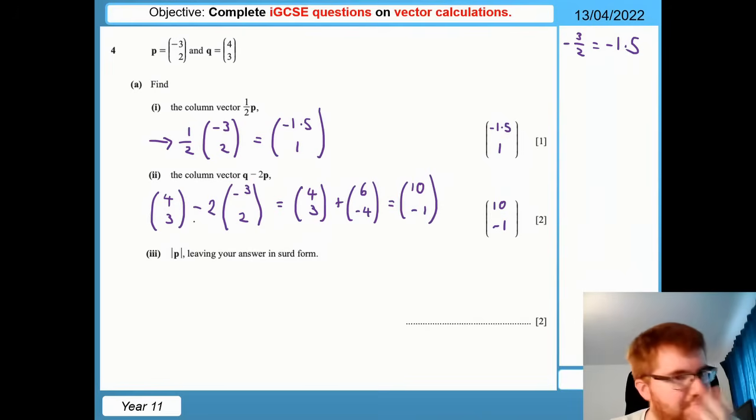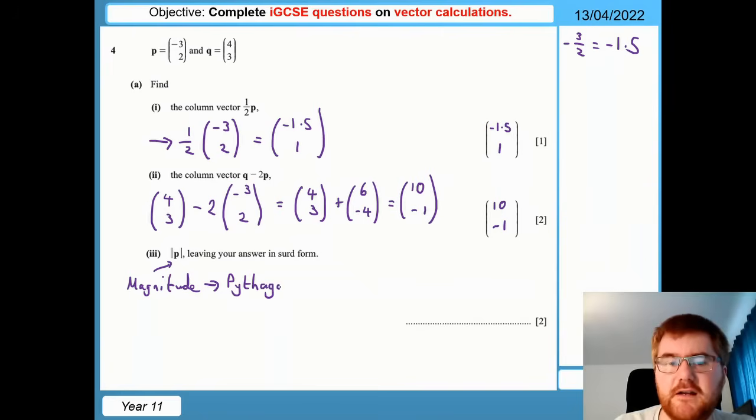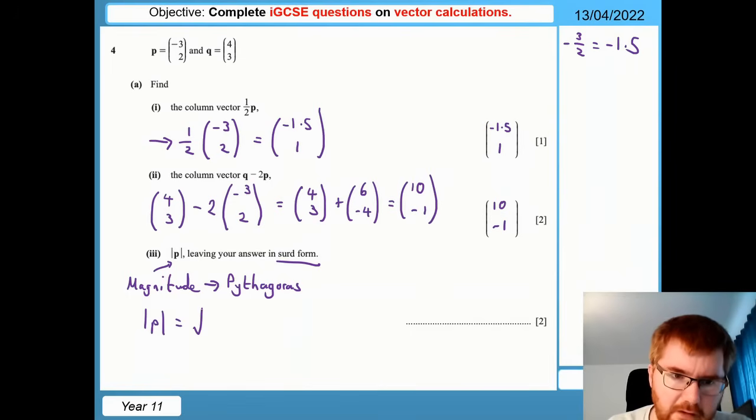And now, as I told you, this comes up quite often. As soon as you see these signs, this means the magnitude of the vector. And as soon as you think magnitude, you need to be thinking Pythagoras. And another clue in the question here is when they say leave in surd form. Again, that's another clue that Pythagoras is needed. So we need to do Pythagoras on this. Now we have to be very careful with our brackets.